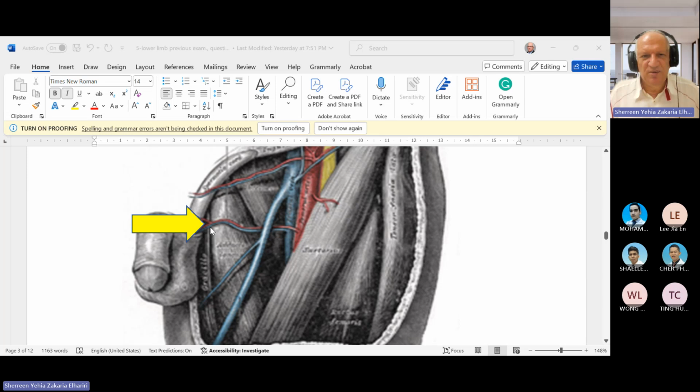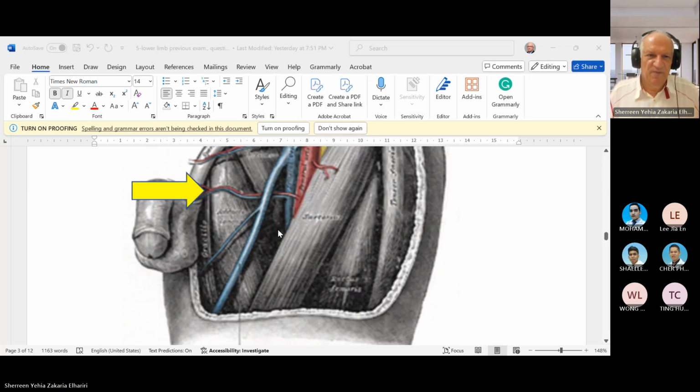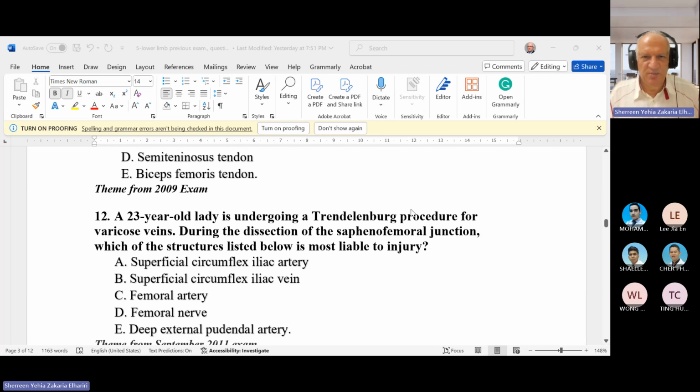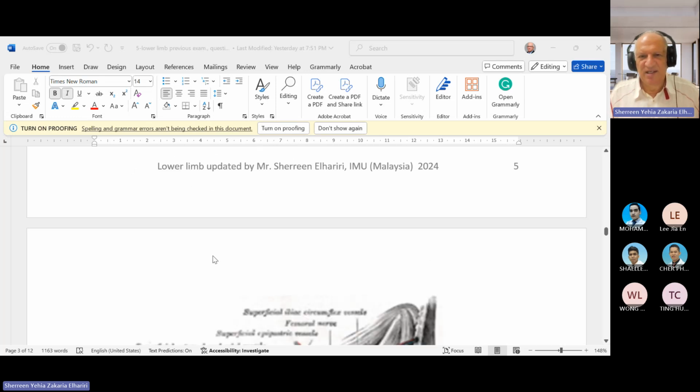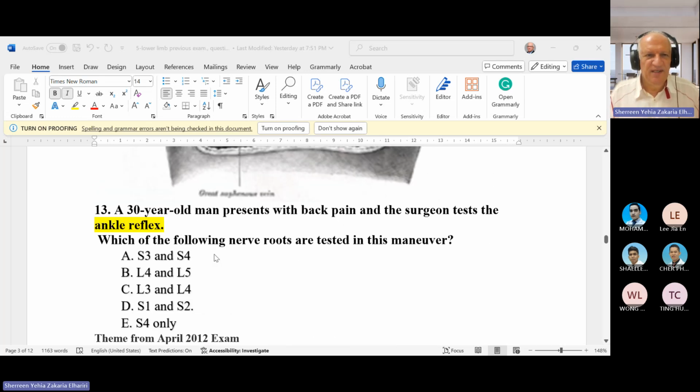It is important to recognize it during saphenofemoral disconnection, what we call the Trendelenburg operation, which is done for varicose veins. We do stripping now until the knee, not below the knee. Below the knee, we make multiple strippings to avoid injury of the saphenous nerve, which is a branch of the femoral nerve. So in the Trendelenburg operation, the artery that can be encountered is the deep external pudendal artery, which is ligated. Okay, next.